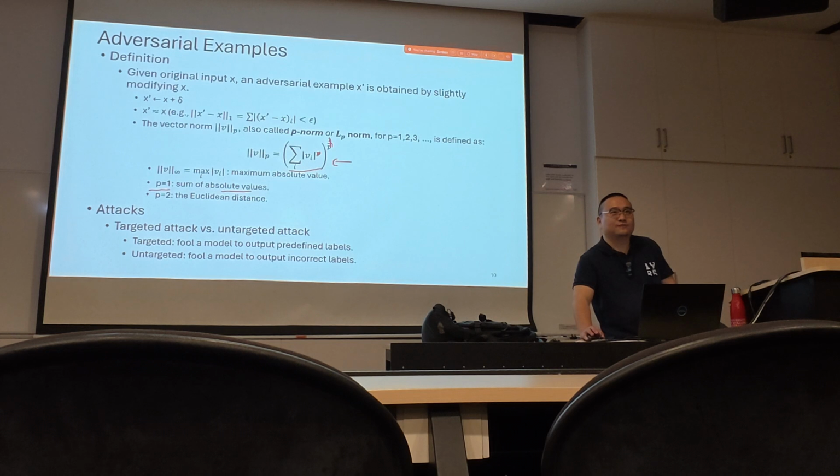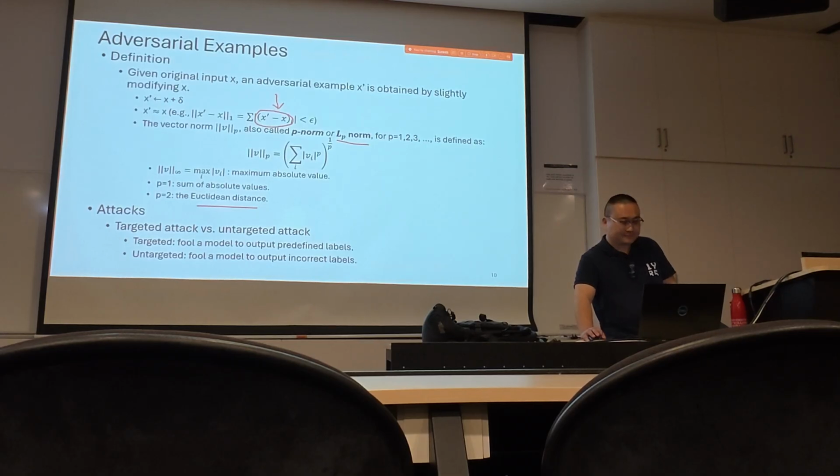So that's the L1 norm. And what is the L2 norm? We set p equal to 2. That is just the Euclidean distance. Because when we calculate the Lp norm, most of the time, we calculate it with respect to the difference between the attack and the original image. After we generate the attack, we calculate the difference between them, and then we want to constrain the difference within the L1 or L2 norm.